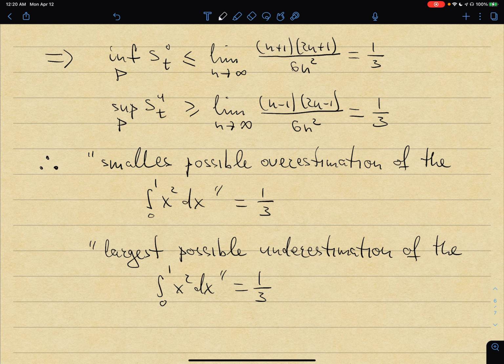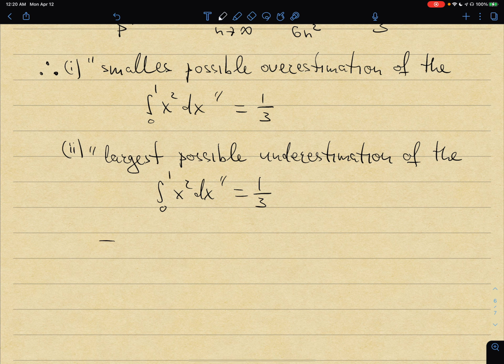The second statement is that the largest possible underestimation is also 1/3, but the actual area should lie between these two numbers. So therefore, the integral from 0 to 1 of x squared dx is actually equal to 1/3. This is a true statement, right? We know that this is true.